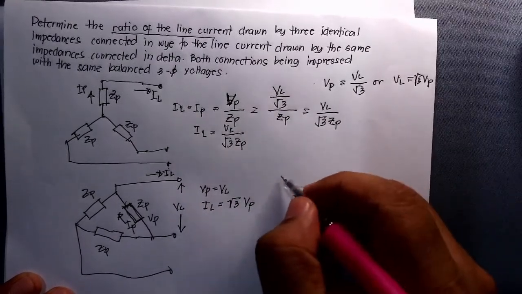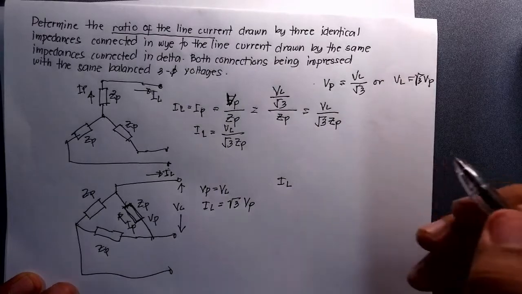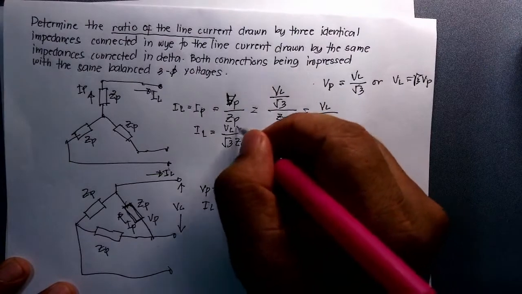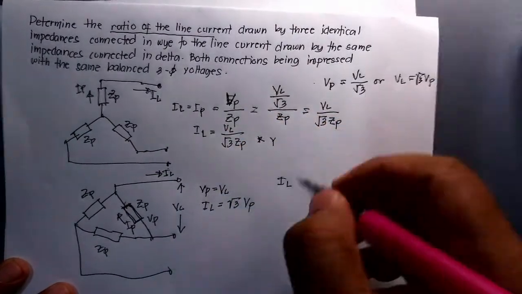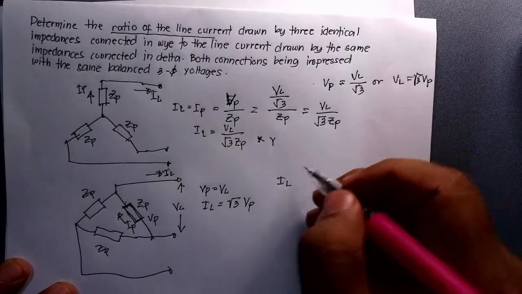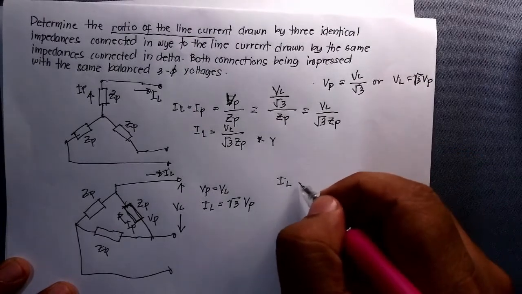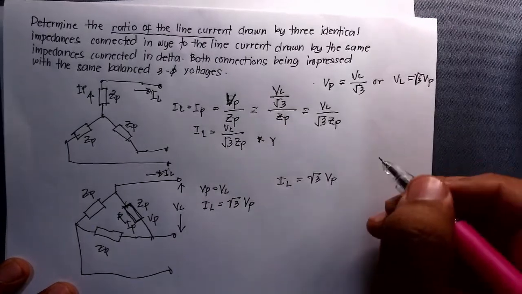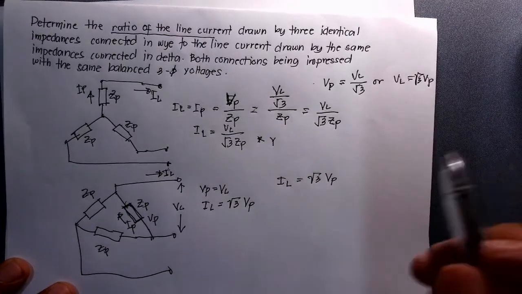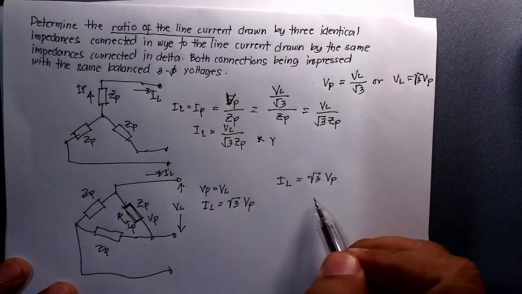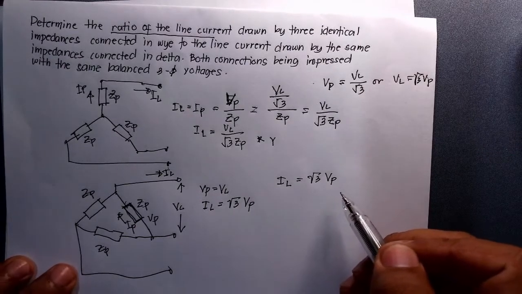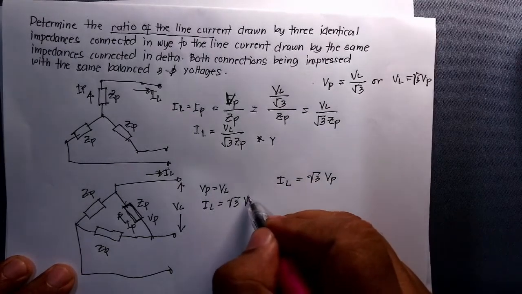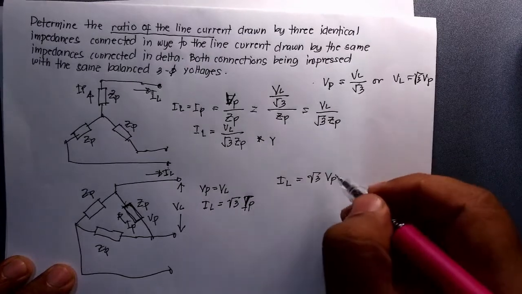This equation is in Y, and I am looking now for the delta connection value of your line current. So that is actually square root of 3 I P. I'm sorry, this is actually not V sub P, but this is I sub P.